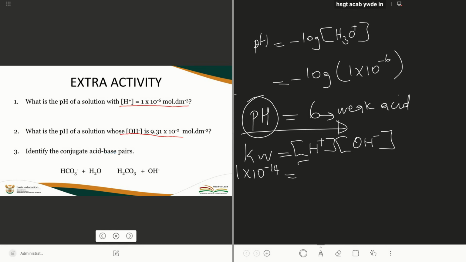Therefore, you are looking for the concentration of H plus ion. The concentration of OH minus was given to you as 9.31 times 10 to the exponent minus 2. Therefore, we are going to divide by 9.31 times 10 to the exponent minus 2 on both sides.